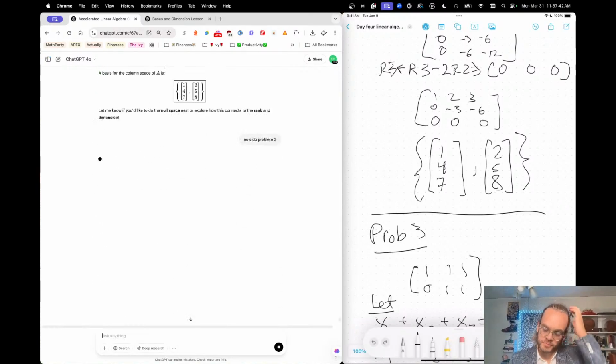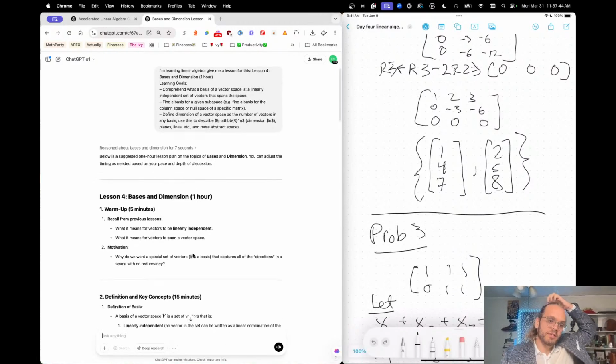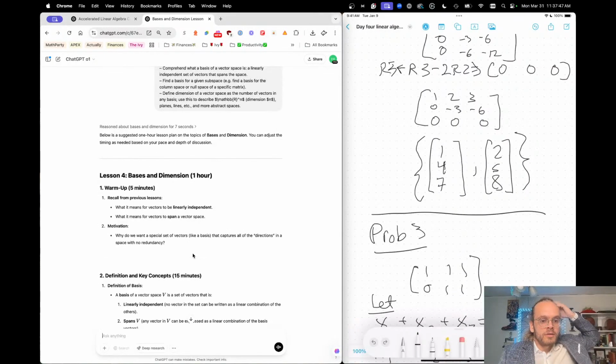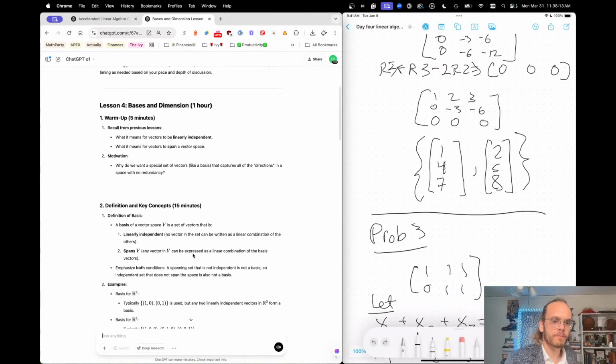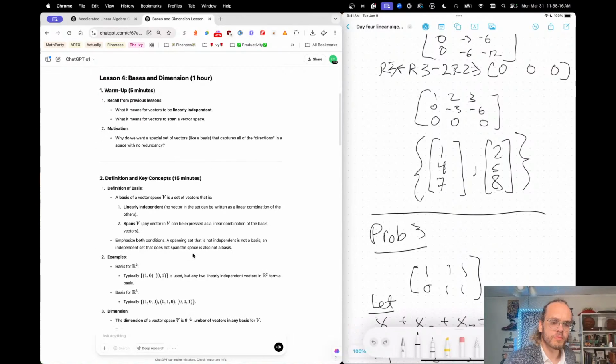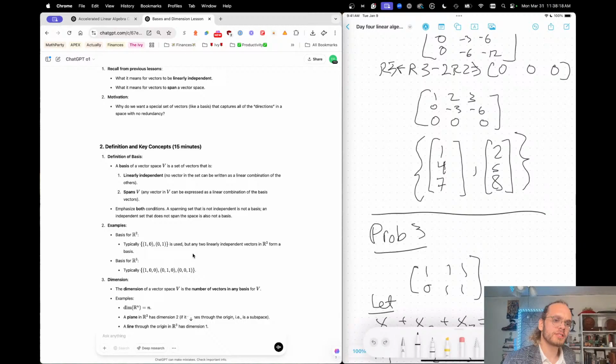Now to problem 3. I'm going to take a quick look here. So I may need a visual to understand what it means for vectors to span a vector space still. So it's defining basis again for me.